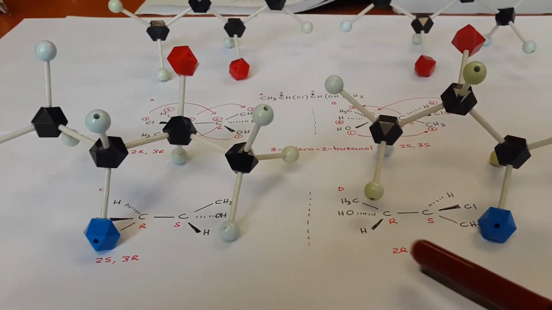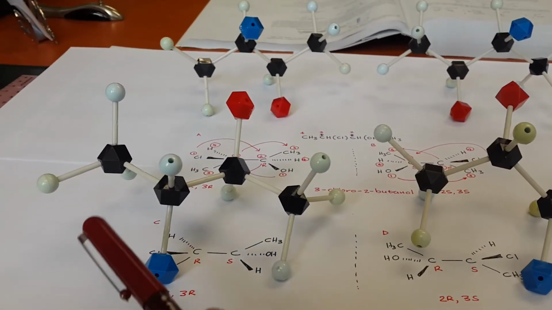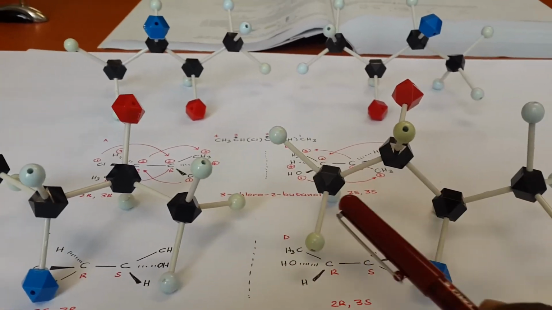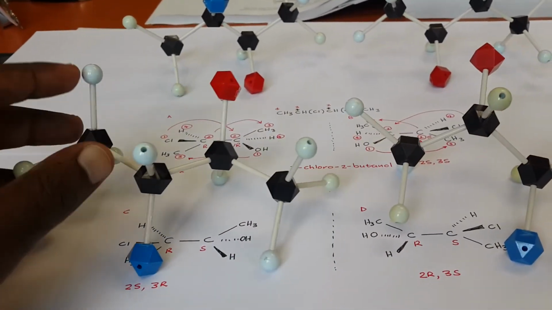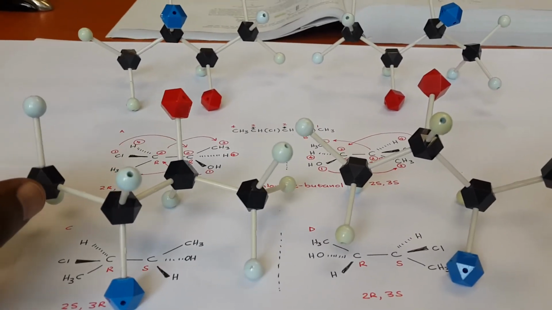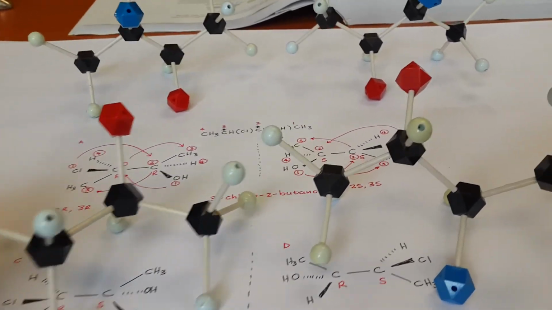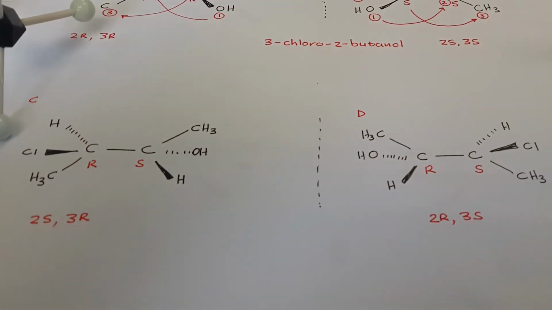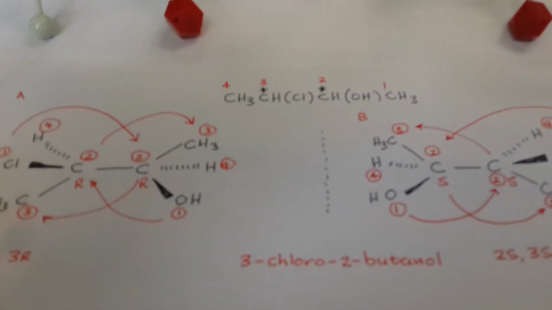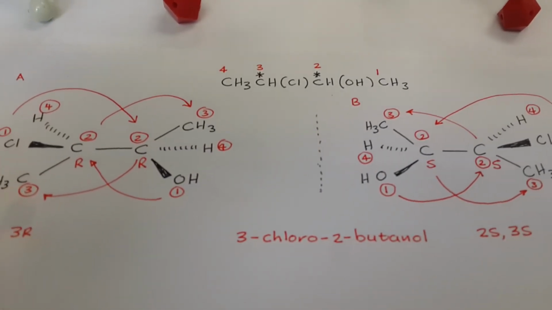Both these chloro groups are pointing toward me, and I have the methyl groups there, and there's a methyl group here and here. So these two that I've drawn later on are also enantiomers of each other, which means that both C and D are enantiomers, and A and B are enantiomers.